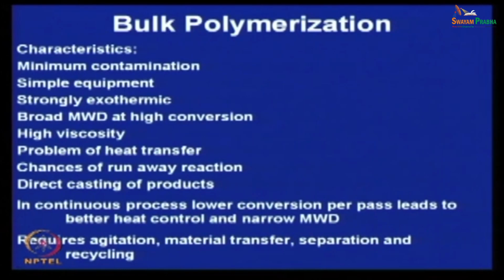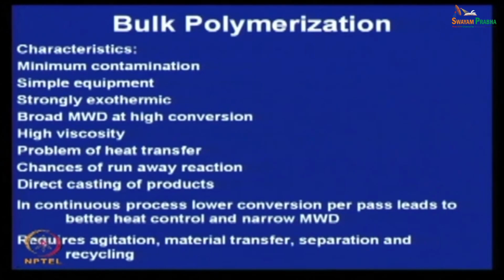And it requires agitation, material transfer, separation and recycle in case of continuous phase polymerization. In case of continuous phase polymerization, better heat control may be available, and sometimes narrow molecular distribution can be possible.